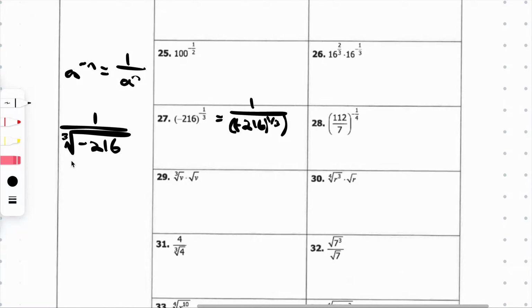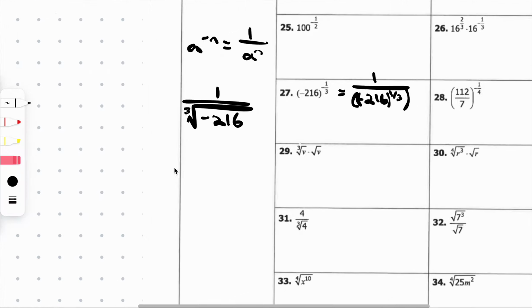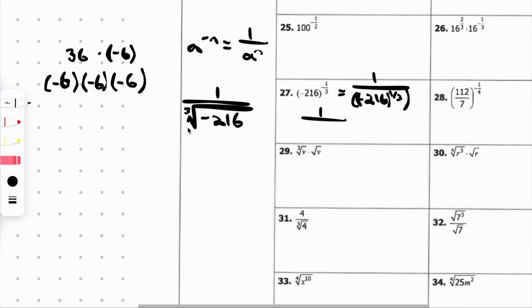So the third root of negative 216 is actually going to be equal to negative 6, because negative 6 times negative 6 times negative 6, this is equal to 36, and then we still have this last negative 6, and that gets us to negative 216. So I can rewrite this as 1 over, and since the third root of negative 216 is equal to negative 6, I can say negative 1 over 6, and simplify it a lot just by doing that.